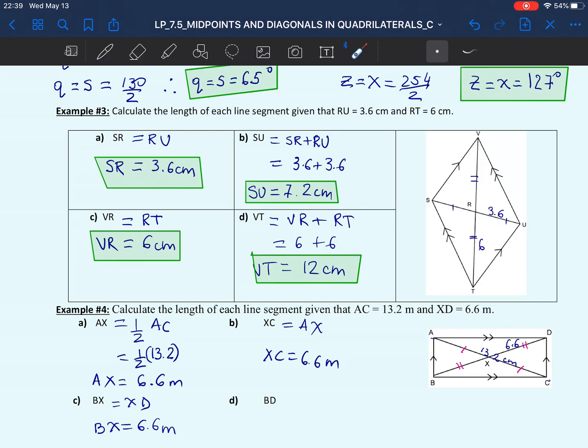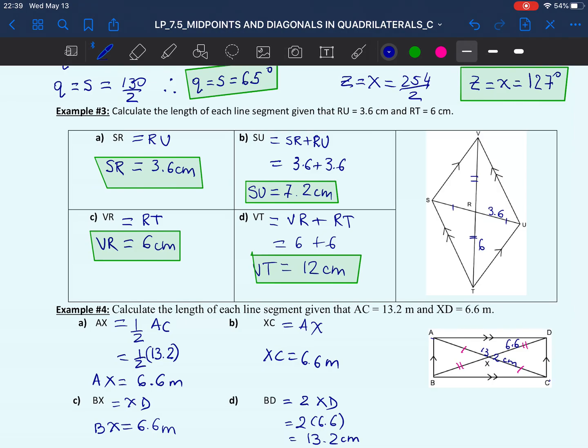And BD would be double 6.6 because it's a whole diagonal, so 13.2.